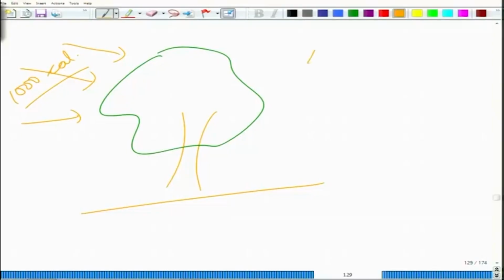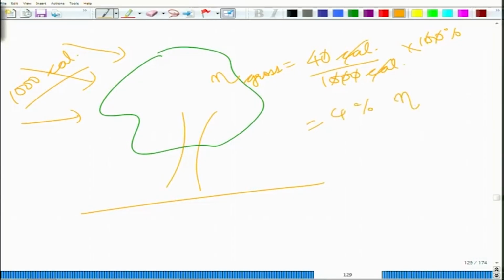Now, suppose this tree got 1000 calories of energy and it was able to fix 40 calories through the process of photosynthesis. So, in this case we will define the efficiency of gross production as 40 calories divided by 1000 calories into 100%. So, here we will have a 4% efficiency, which is the gross efficiency.